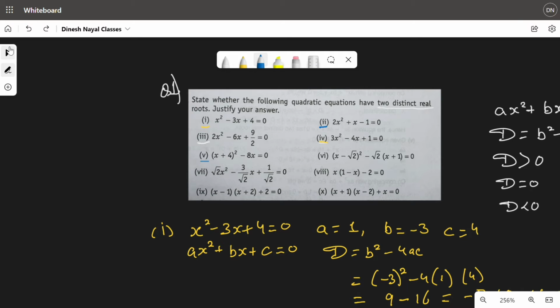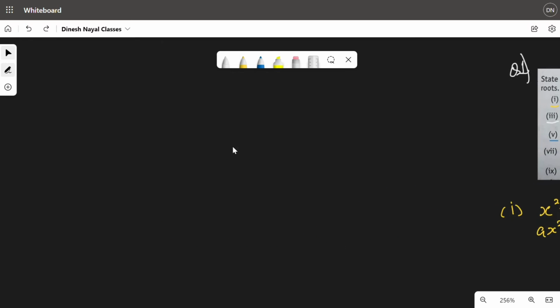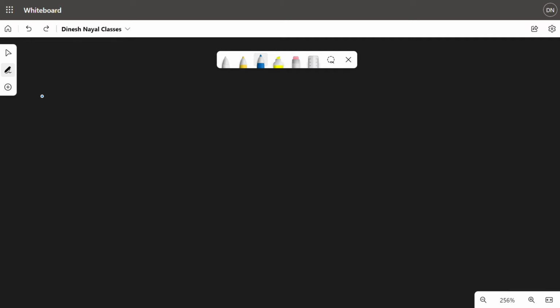Now, applying the identity (a plus b) whole square, this will be x square plus twice of ab, which will be 2 into 4 into x, 8x, plus 4 square is 16, minus 8x equals 0.